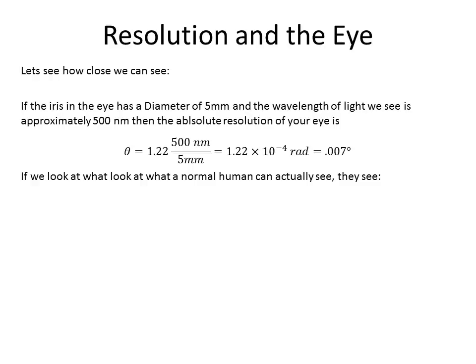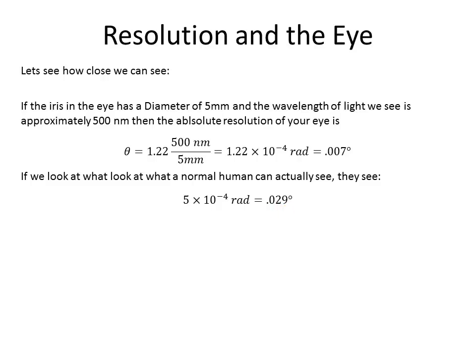However, when we actually start looking at what the eye can see, in most situations where we have corrective lenses or naturally occurring perfect vision, 20/20 vision, the angle that we can see is 5 times 10 to the minus 4. So not 1.2, but 5, which isn't that much. We can see it says 0.029.